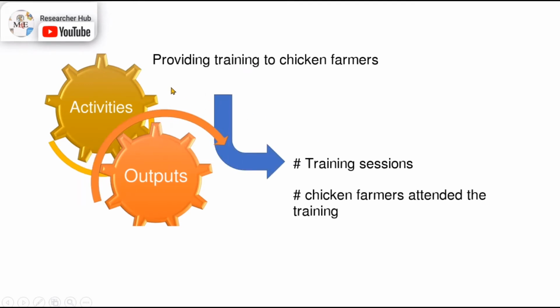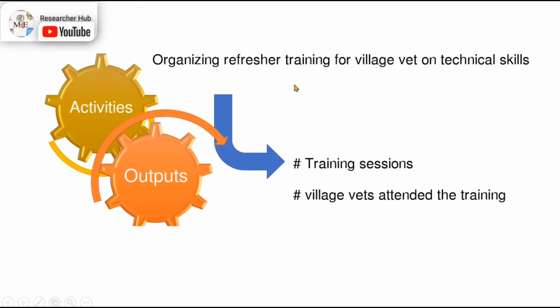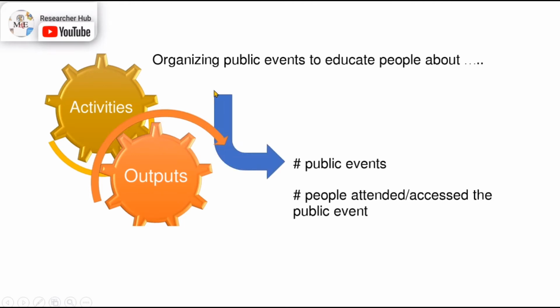Second key activity is providing training to the chicken farmers. Third is organizing refresher training for the village vets on technical skills. And these are the key outputs. Fourth, organizing public events to educate people about something.